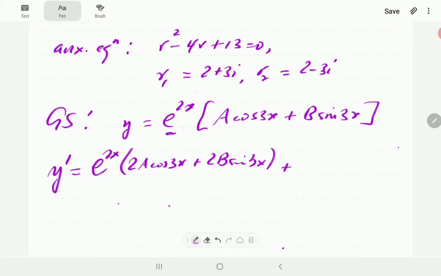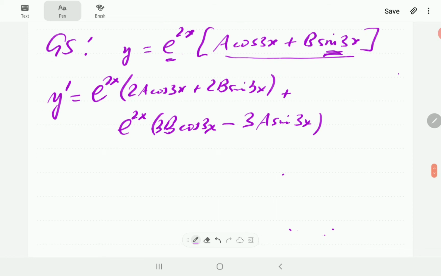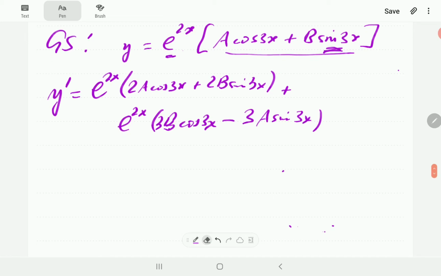Then if we keep the exponential fixed and differentiate the term inside the square brackets, we're going to get 3 times b cosine 3x, then minus 3a sine 3x, since the derivative of cosine is a negative sine.